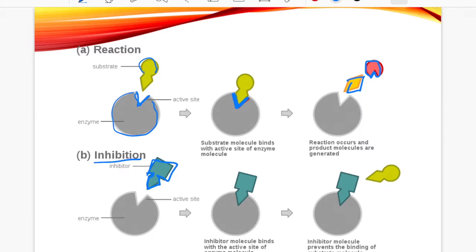In competitive inhibition, that alternative molecule is going to block the active site for the actual substrate. So this little dude can't bind where he needs to be because this guy is in the way. So this is an example of competitive inhibition. Both of these molecules can fit in the active site, but the one that needs to fit in the active site, the substrate, can't get there because it's being blocked. That first molecule is bound there.